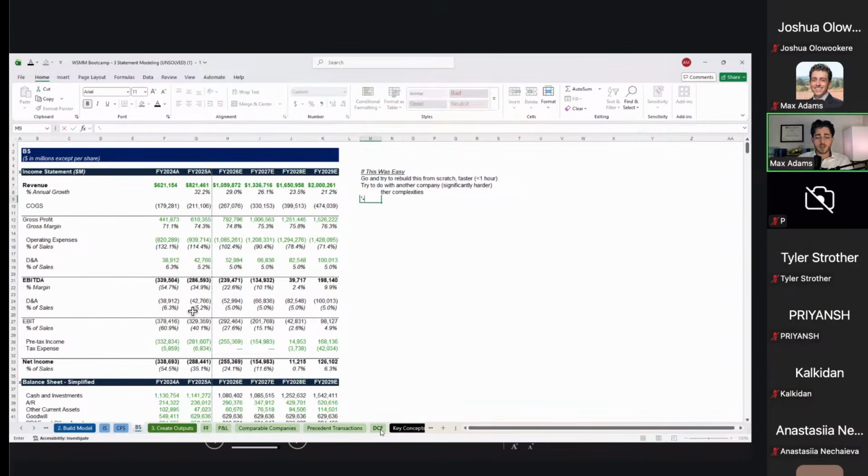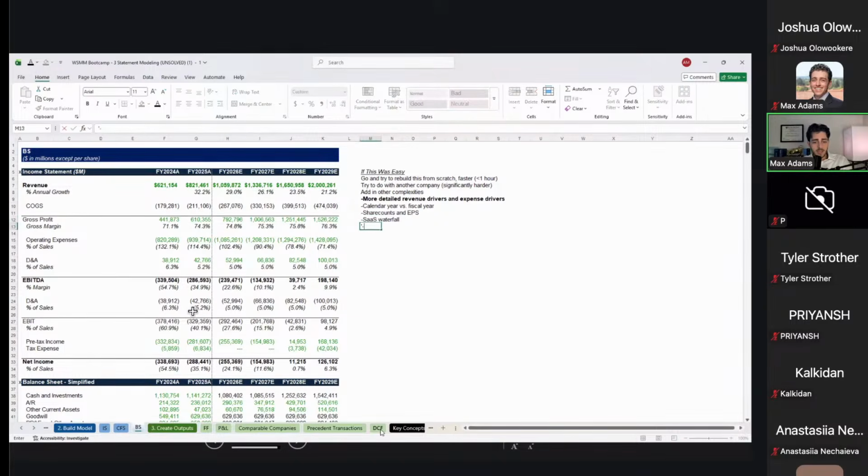Some of the complexities you could add are more detailed revenue drivers and expense drivers. That's one thing. You could add in calendarization versus the fiscal year. You could add in share counts and EPS. You could add in basically a SaaS waterfall for something like this.